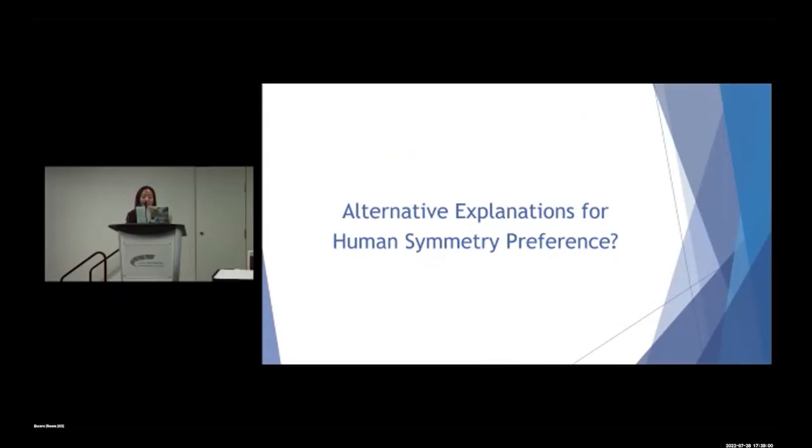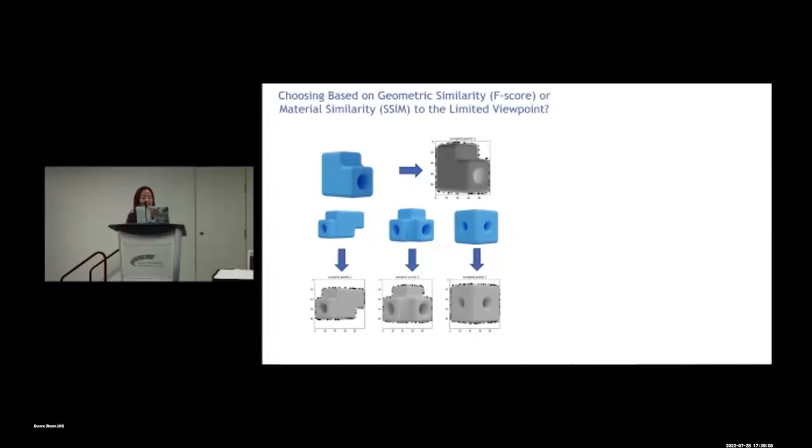So there could be other possibilities why people might be choosing the symmetrical options other than the asymmetrical options. And so these are some possibilities we came up with. One is that they might just be matching how similar the limited viewpoint is to the other sorts of options.